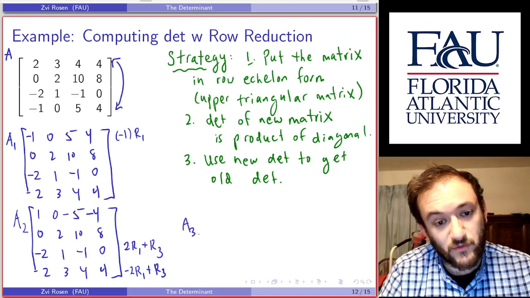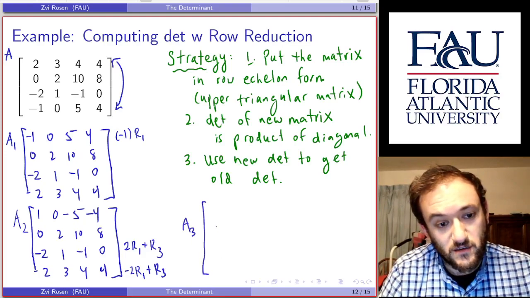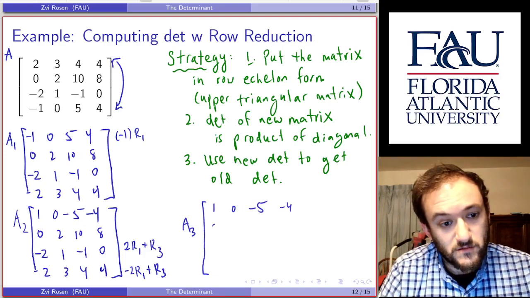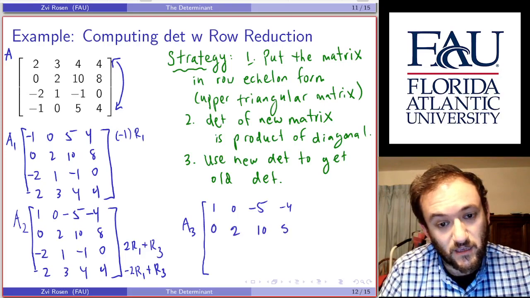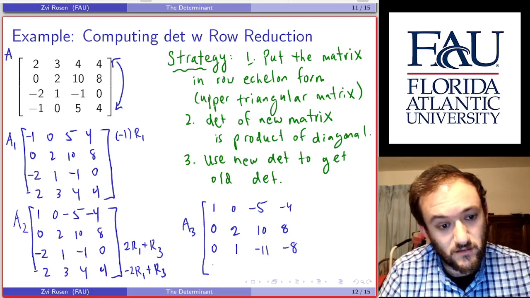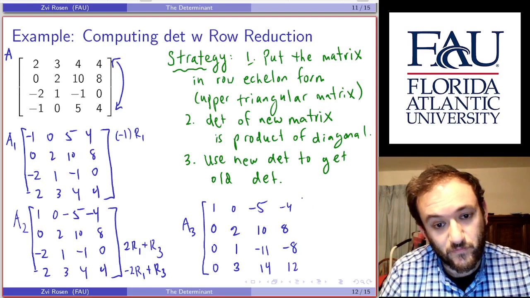And we get A3, which is 1, 0, -5, -4, 0, 2, 10, 8, 0, 1, -11, -8, and 0, 3, 14, and 12.